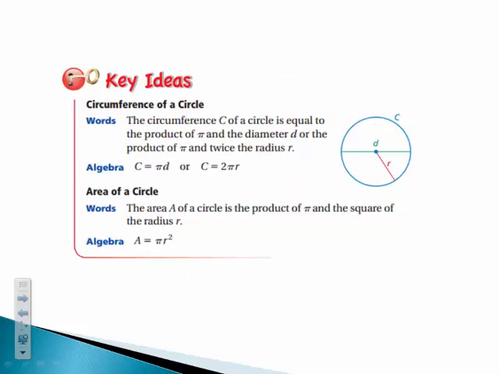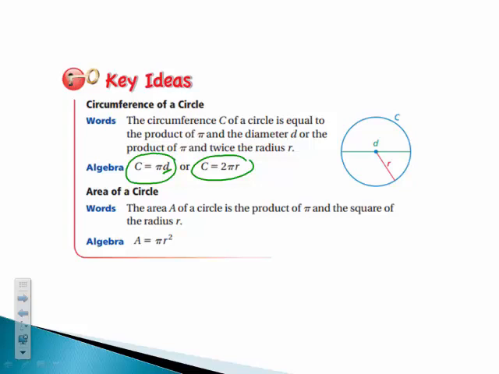So really quick, we're going to review the formulas. These you do have to know. These I had you memorize last year, so hopefully you still remember them. But the circumference of a circle is circumference equals pi times diameter, but diameter is just 2 r's, which is why you can also use circumference as 2 pi r. Okay? So those are our formulas for our circumference.